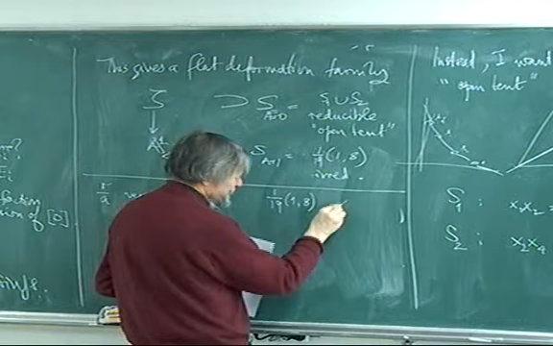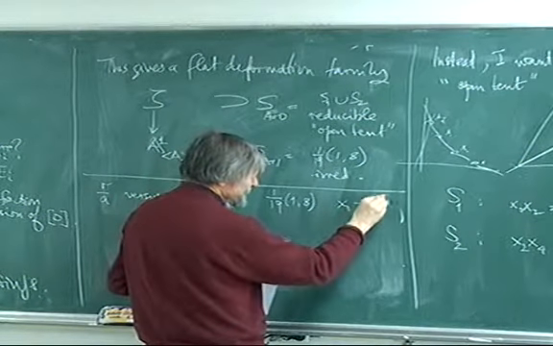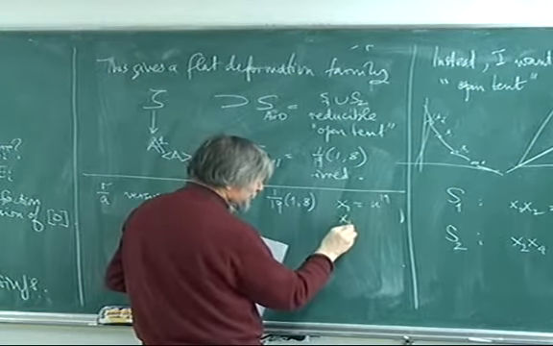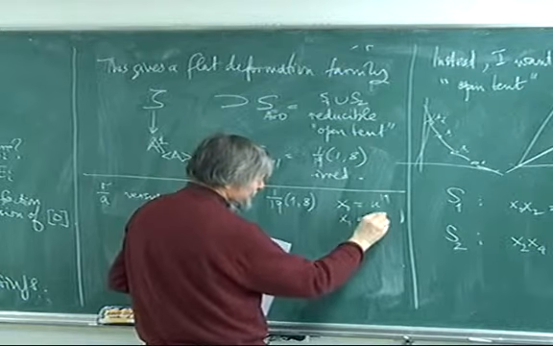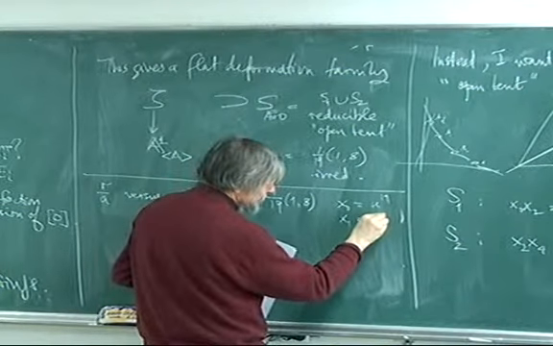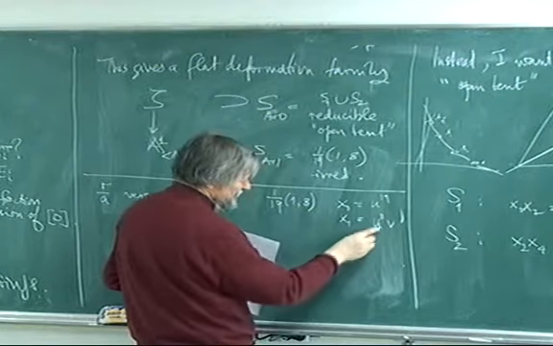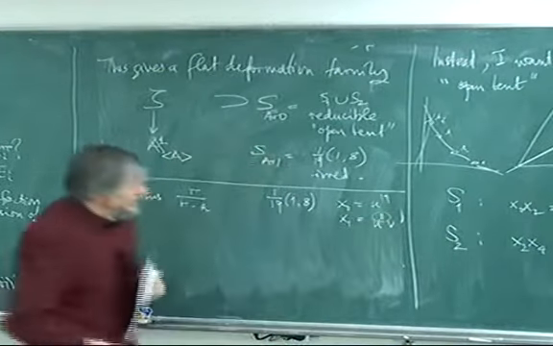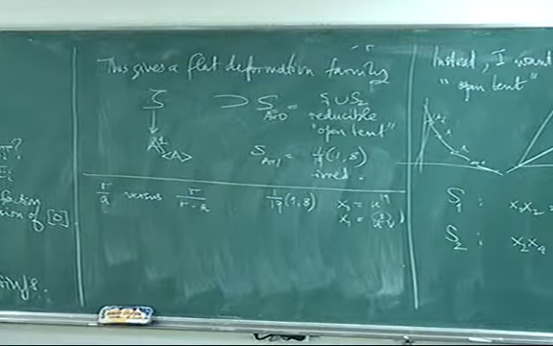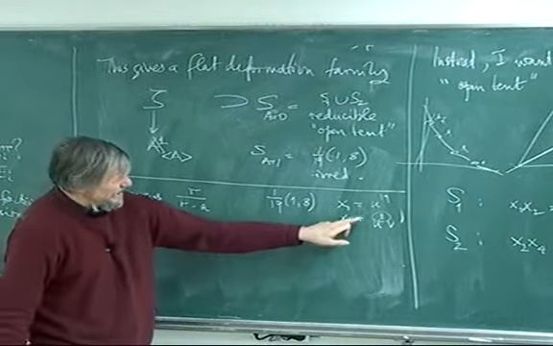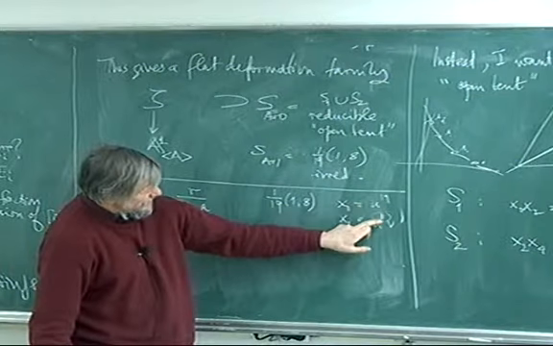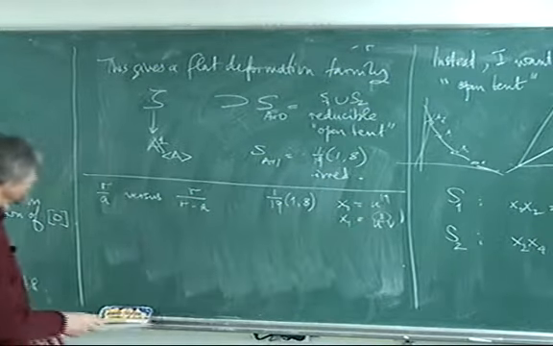Then I have this x naught is u to the 19th, and x1 is u to the minus 8, u to the 11th v, and so on. And so I'm getting this r minus a as the beginning of this continued fraction algorithm, right?